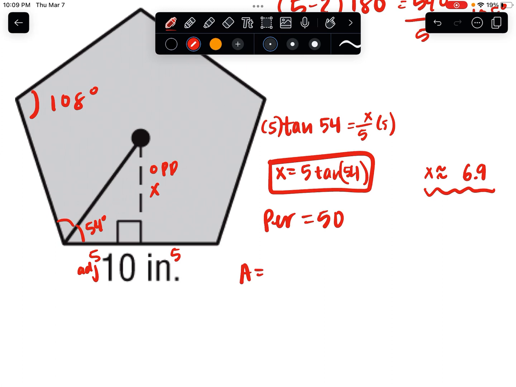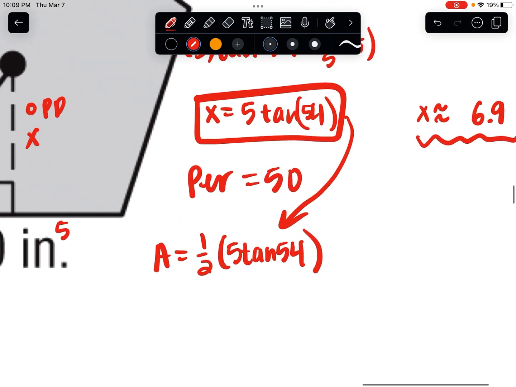And we can now use our equation 1/2 times the apothem times the perimeter. The apothem, though, can be used as this x value, 5 times the tangent of 54. Now, why would I use this instead of the 6.9? Well, because this is the most accurate version of what the apothem is. If you don't believe me, you'll see in 1 second.